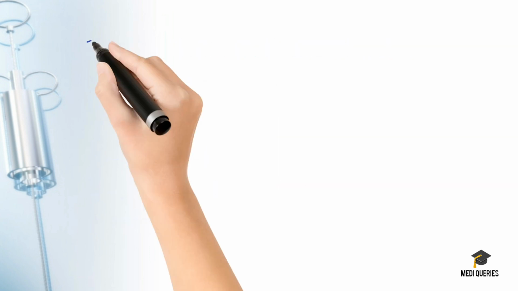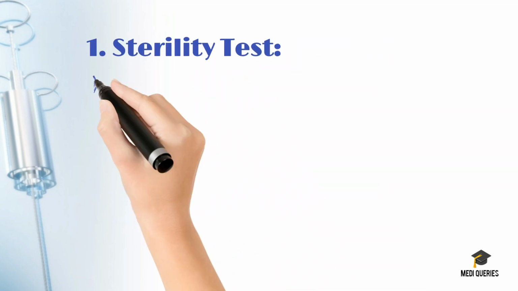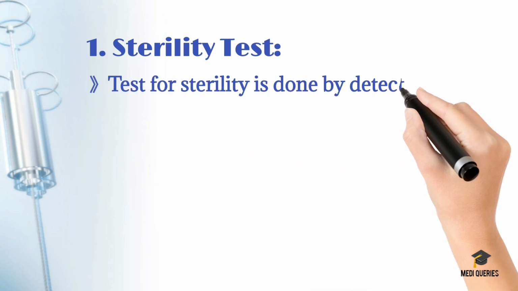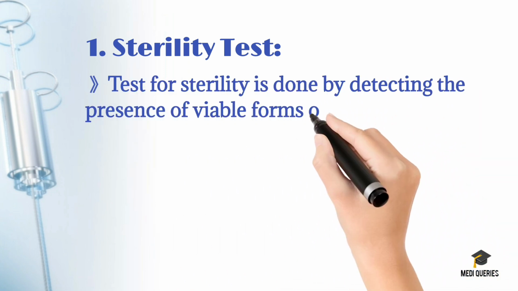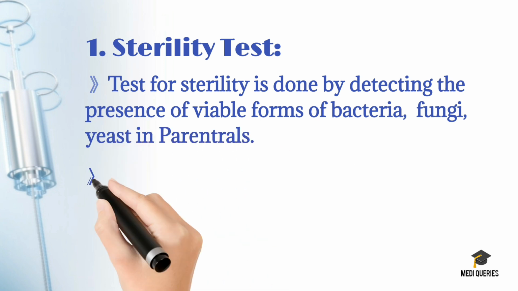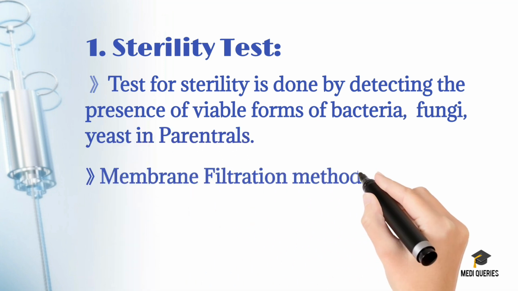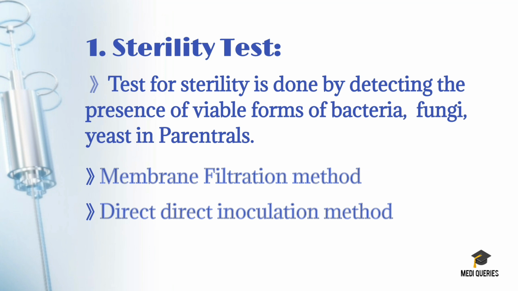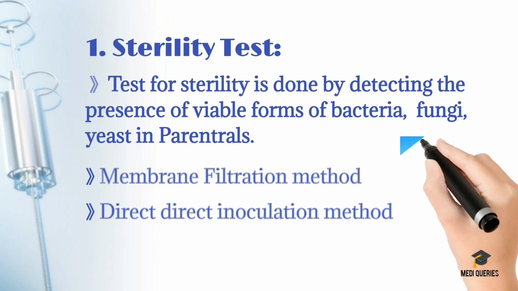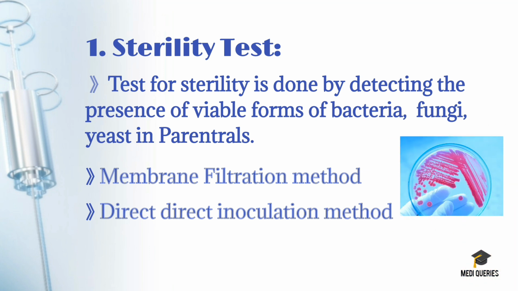So let us learn about the first test, that is the sterility test. All the parenteral preparations which are supplied in the sterile form must conform to the test for sterility as prescribed in the pharmacopoeia. The test for sterility is done by detecting the presence of viable forms of bacteria, fungi and yeast in the parenteral preparation.